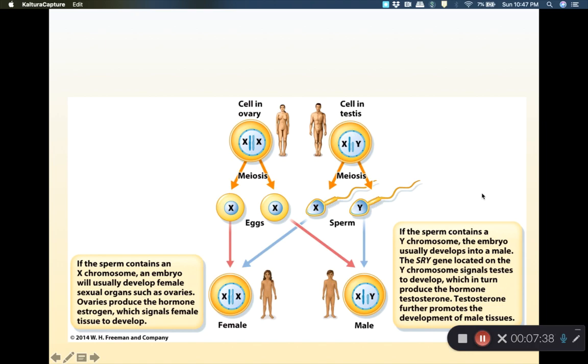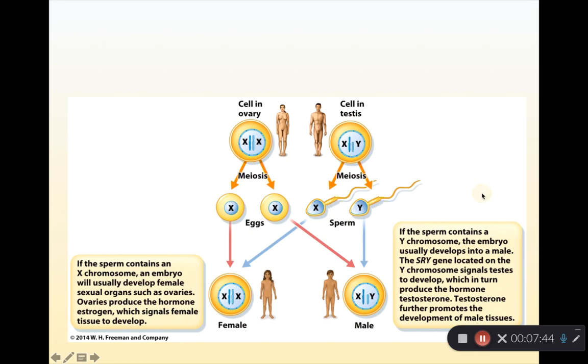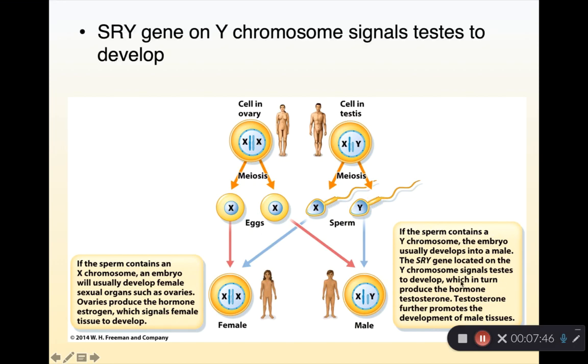So let's look at what happens genetically beyond just understanding the X and Y chromosome. The important gene that we're talking about in terms of testes development is a gene called the SRY gene. And this is what ultimately will signal to the testes to develop.